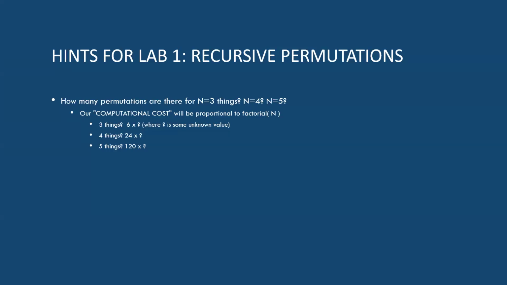The best job you can do is something like swapping n things in order to create one permutation, and you're going to have to create 120 permutations. So if you have 5 things, the cost for your most optimal algorithm is going to be, at best, n factorial times n.